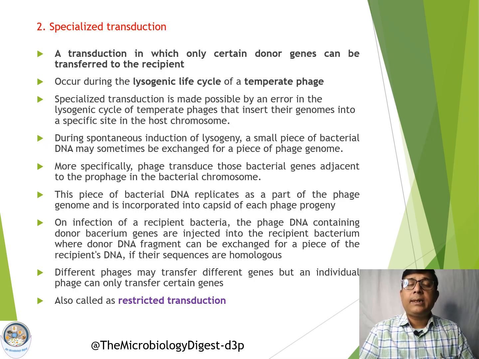So, as I said, in this specialized transduction process, a specific portion or certain specific genes will be transferred from one bacterium to another. Because of this, the specialized transduction is also called restricted transduction, because some particular specific portion of the bacterial DNA is transferred through phages to the next or new recipient bacterium.